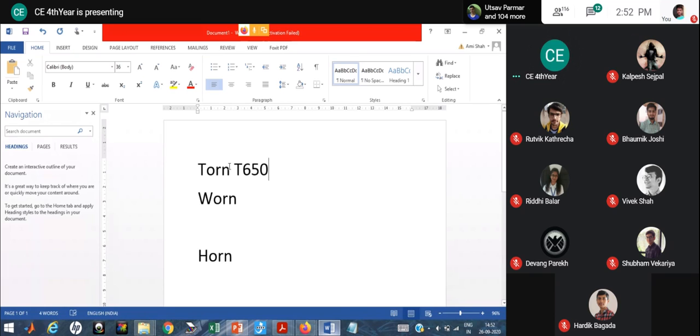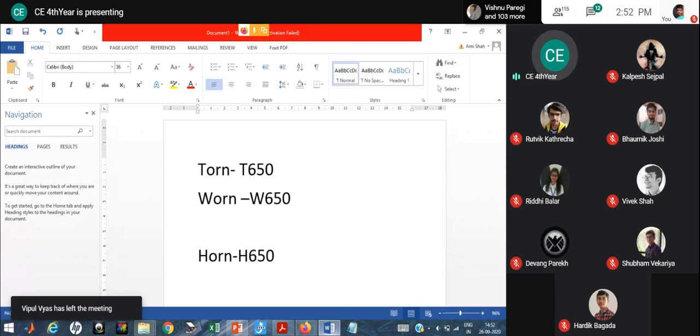This is my answer. Similarly, here I am getting W650, and here I am getting H650. So here I can say that the words have the same sound or a very little variation. So here I am getting the same Soundex code.